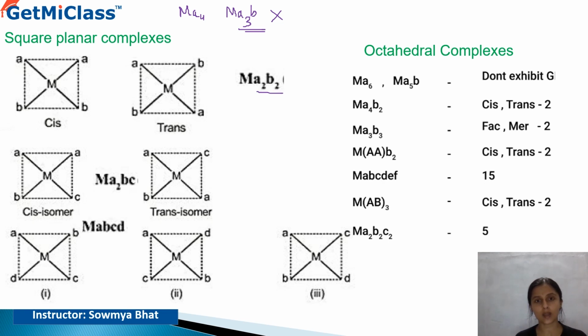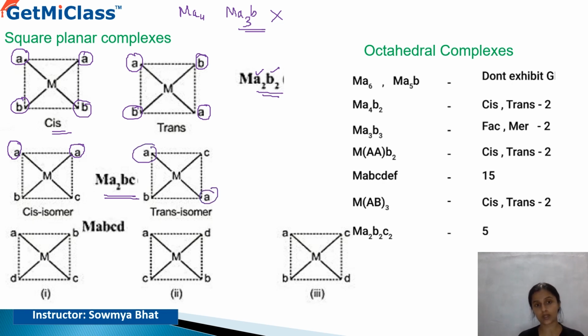If it is MA2B2, where two types of ligands each repeat twice, then if the two A's are on the same side and the B's are on the same side, it's called cis. If the two A's are on opposite sides and the two B's are on opposite sides, it is called trans. If it is MA2BC, you have to see the position of A only. If the A's are on the same side, it's cis. If the A's are on opposite sides, it's called trans.